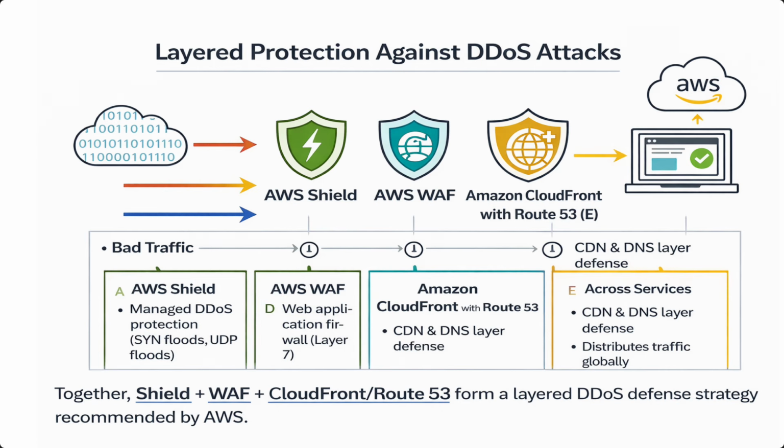Amazon CloudFront with Route 53 (E): these edge services distribute traffic globally and integrate with AWS Shield to absorb and mitigate large DDoS attacks close to the source, preventing them from overwhelming your origin servers. Together, Shield plus WAF, CloudFront, and Route 53 form a layered DDoS defense strategy recommended by AWS.